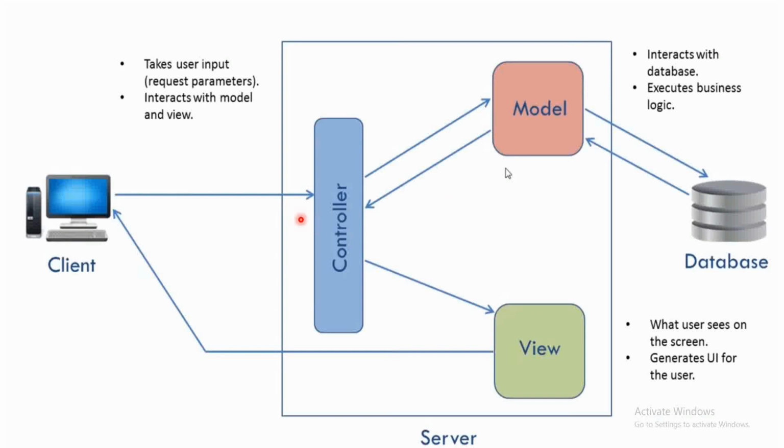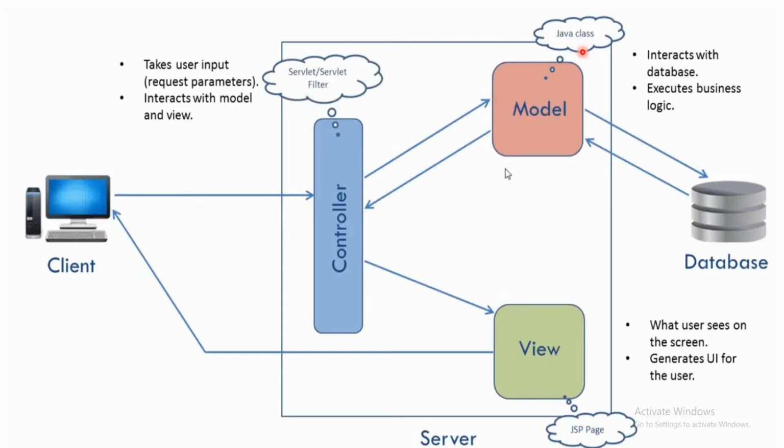Now if we consider a Java web application, then a model will typically be a Java class, a view would be a JSP page or any other presentation technology, and a controller would be a servlet or a servlet filter. So this is our MVC architecture.